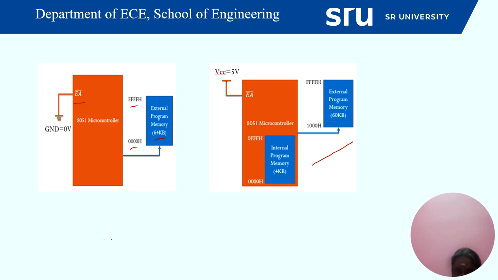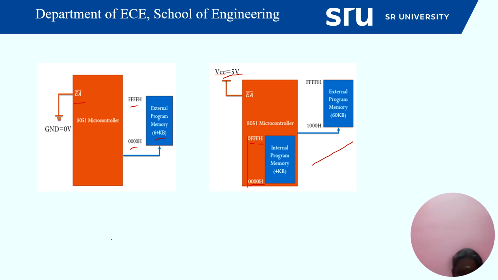Because these addresses, starting from 0000H to 0FFFH, will get repeated. That is why we should avoid using this 0 to 4 kilobyte in the external ROM, because the internal ROM covers 0 to 4 kilobyte. This we should use whenever EA bar equal to 1, so both should be used.